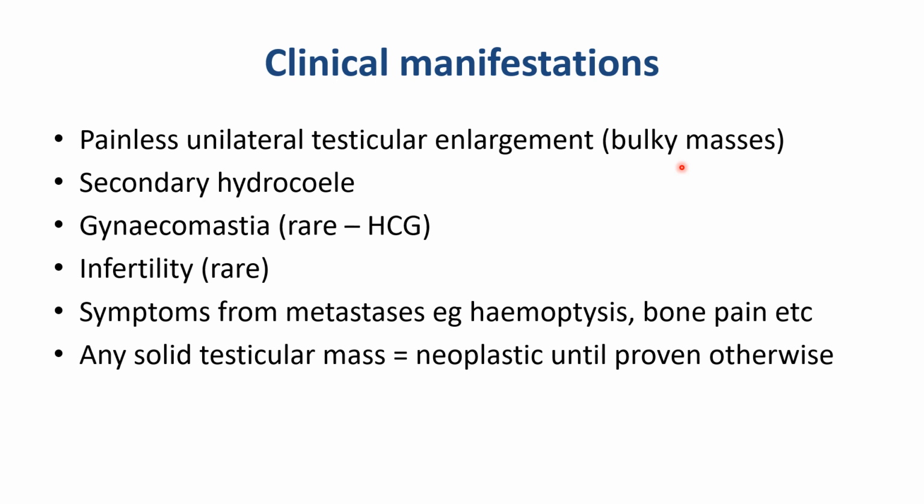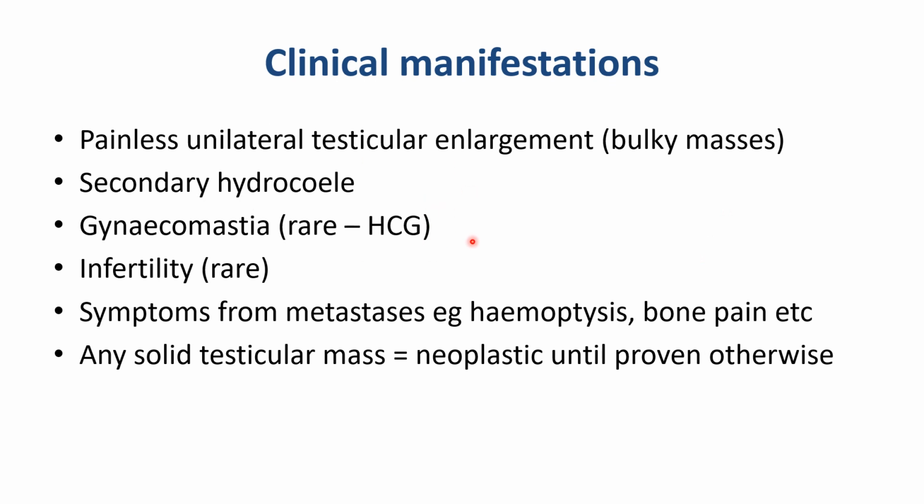Before we move on to clinical manifestations, I just want to highlight that these germ cell tumors within the testes also have their counterparts within the ovaries. So when you are learning about the ovarian tumors, you will find that the germ cell tumors of the ovary will have a similar morphology in terms of growth and also microscopy.